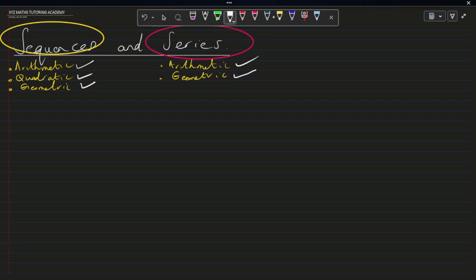So a geometric sequence looks like this: there's 3, and then 9, and then 27. We can extend it, and then there will be 81.